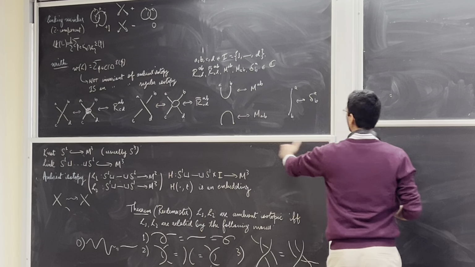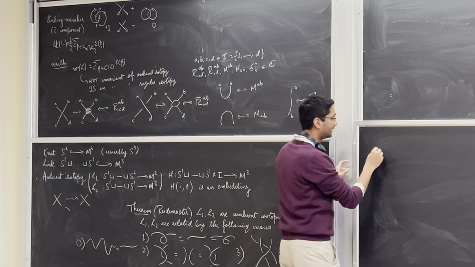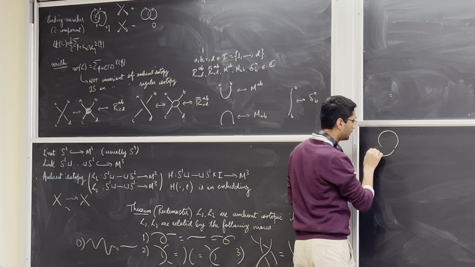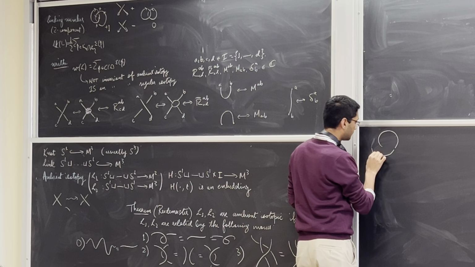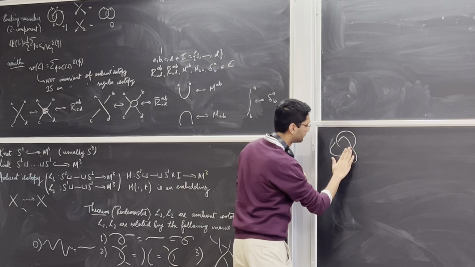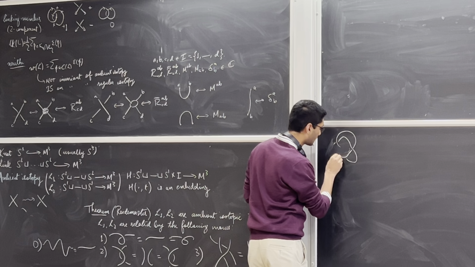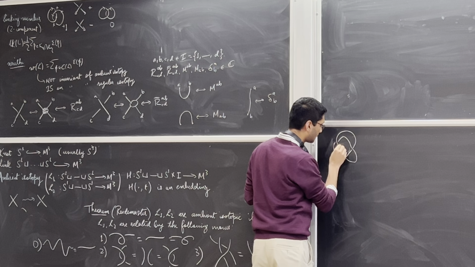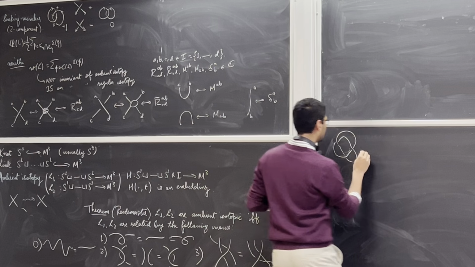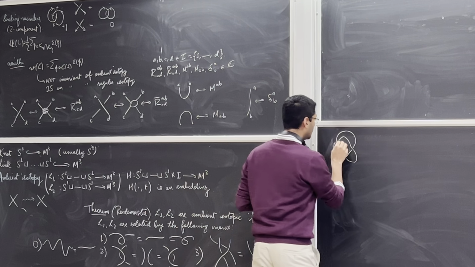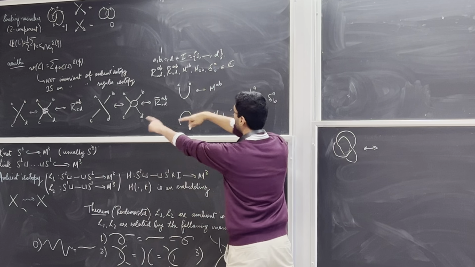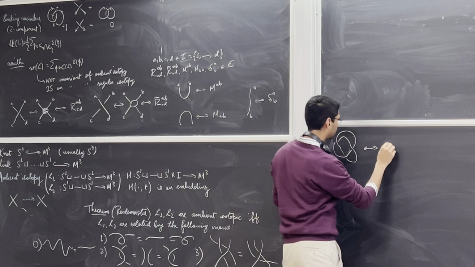Now, given a diagram of a link, let's do the following knot. This I would try to write in terms of these numbers, these matrices.